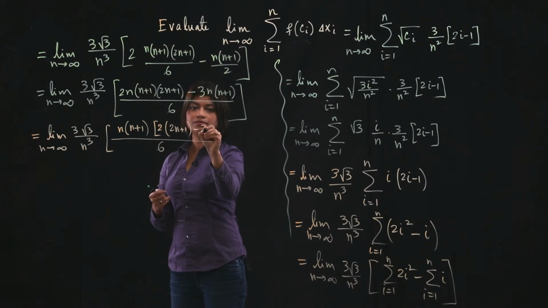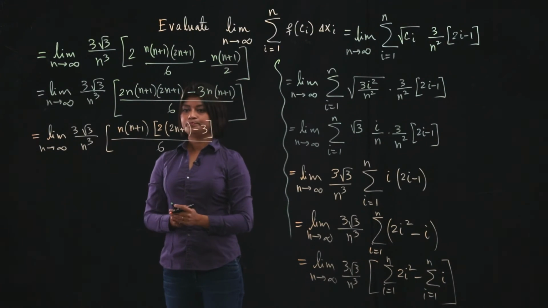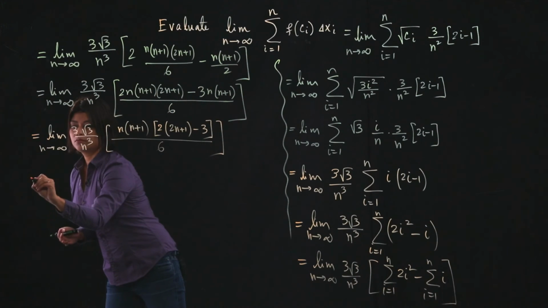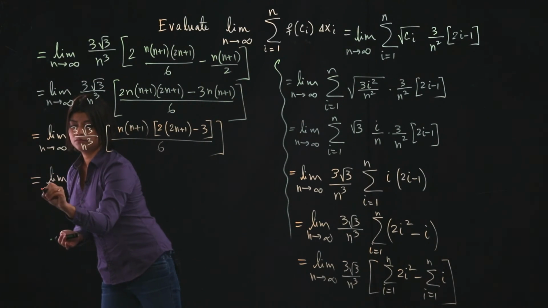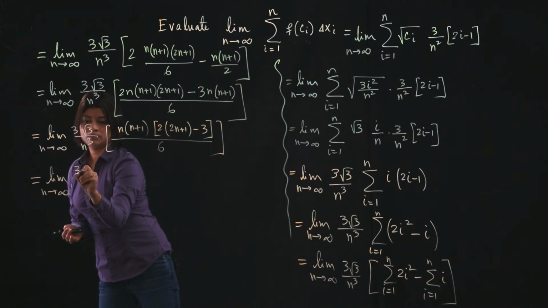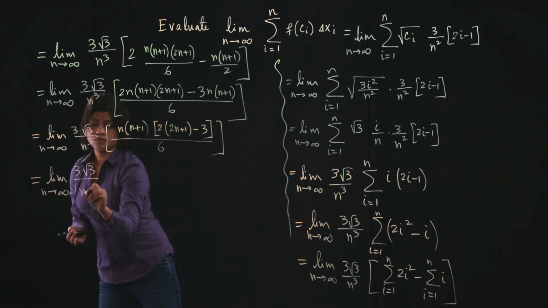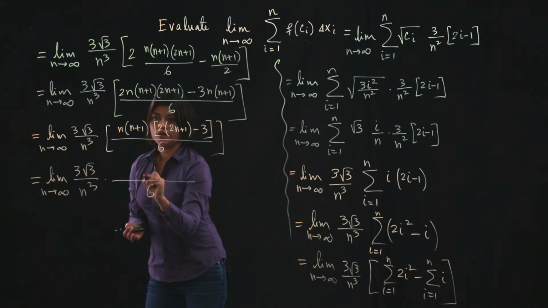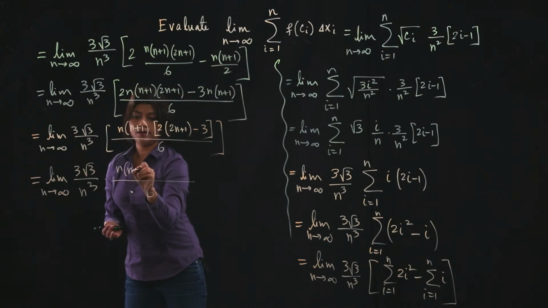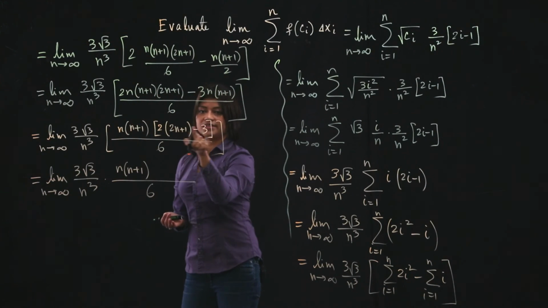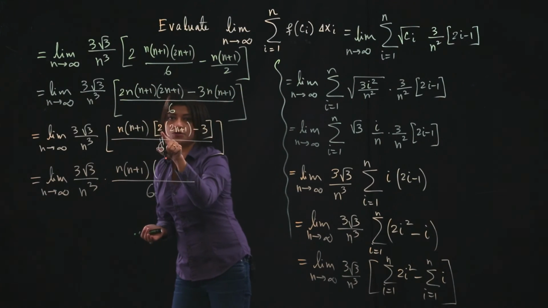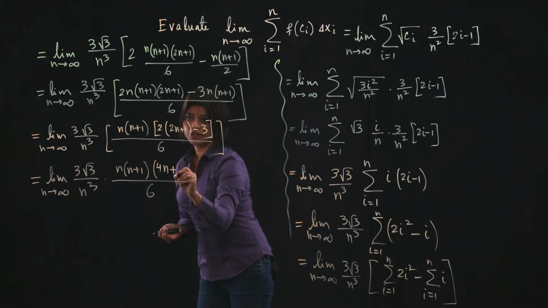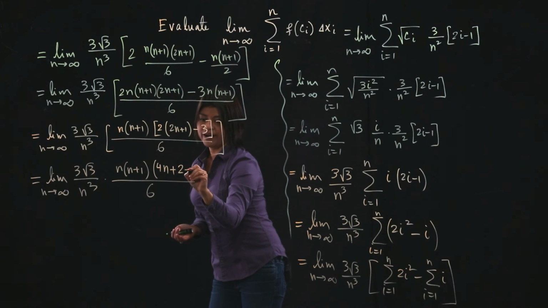Second term, you will have just negative 3. Okay, so now we keep our n plus 1, and let's see what we have here. We have 2 times 2n, so 4n, plus 2 times 1 minus 3.